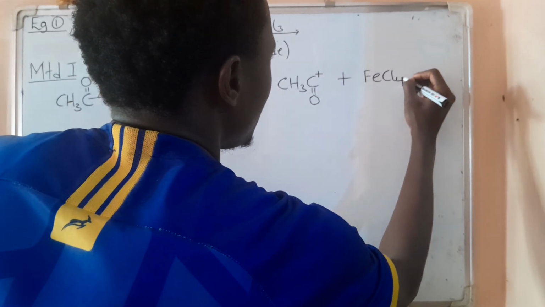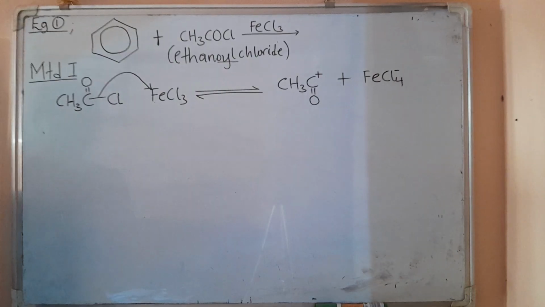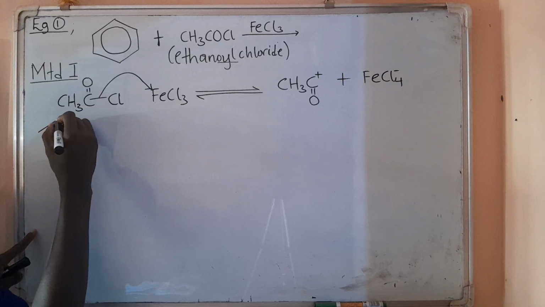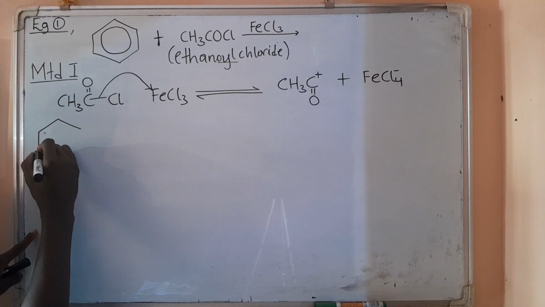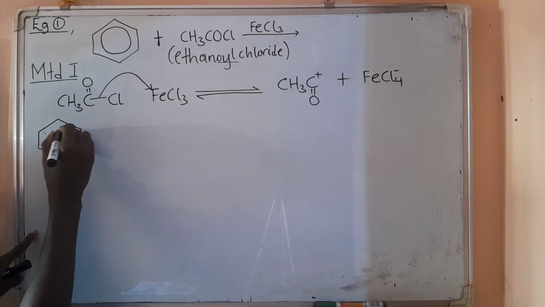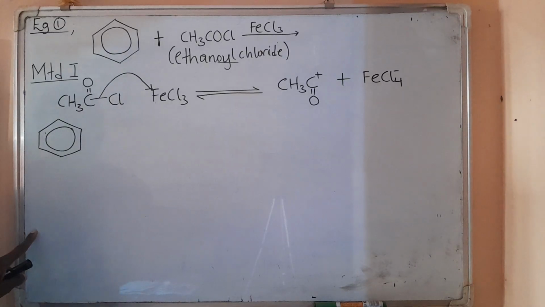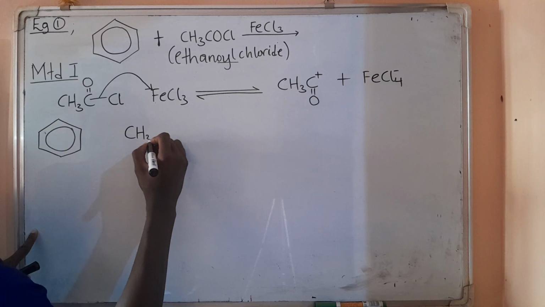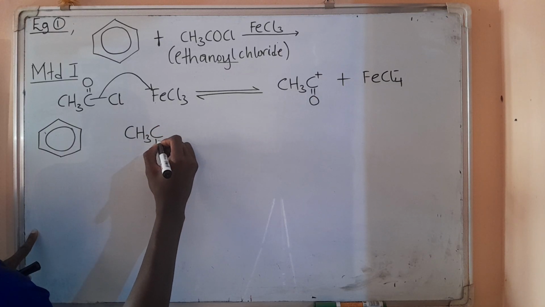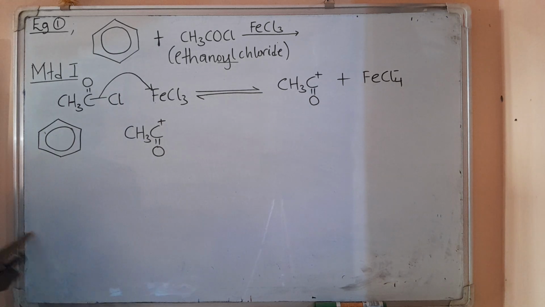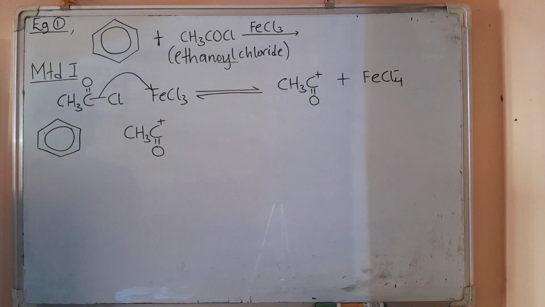There are now 4 atoms of chlorine with a negative charge since we have brought electrons there. Now our benzene ring is going to combine with this electron deficient species. So this carbon is the one that is electron deficient.